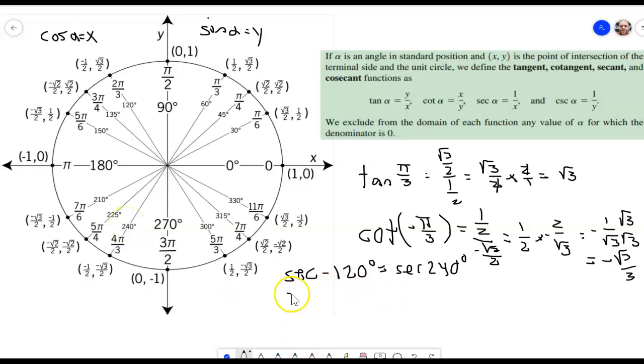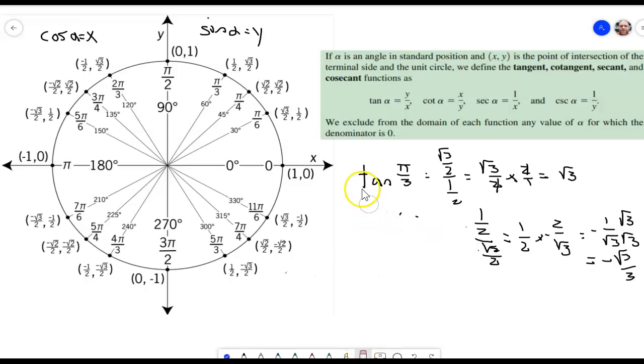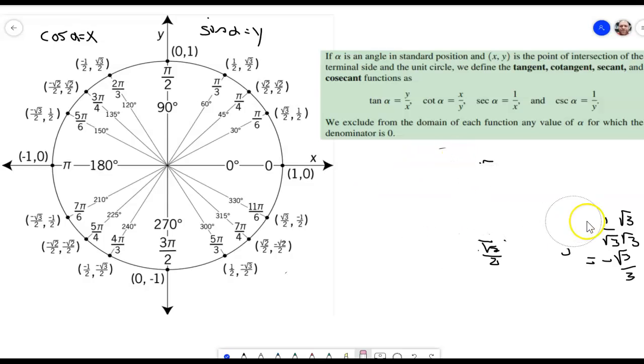So that is equal to 1 over negative 1/2, which is just negative 2, right? Because it's 1 times the inverse. So that would just be negative 2. And let me double check that. And that is correct. All right. Let me go ahead and erase some of this here. That one is negative 2.